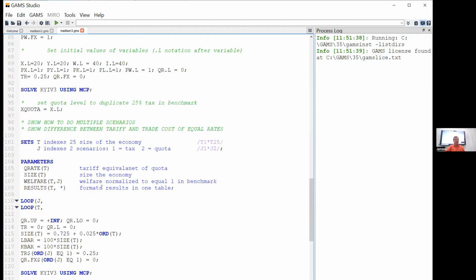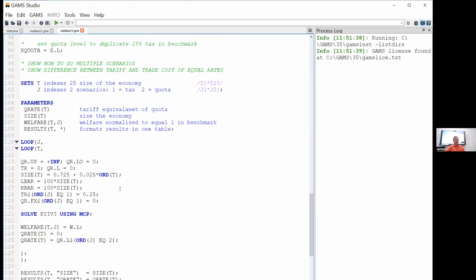This is another double loop scenario. And I guess we won't go through it word by word, but basically it does the same thing. It's going to iterate over 25 measures of something. And in this case, I'm going to use the size of the economy as the underlying parameter that's being changed.